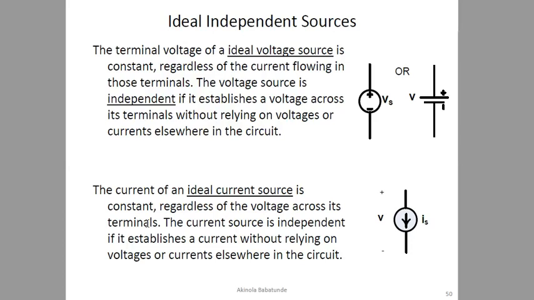They don't rely on the voltages or current elsewhere in the circuit, and that is why they are called independent current sources. The symbol is exactly what we have here. You can see the circle with an arrow pointing down, showing the direction of current, and Is represents the current source.